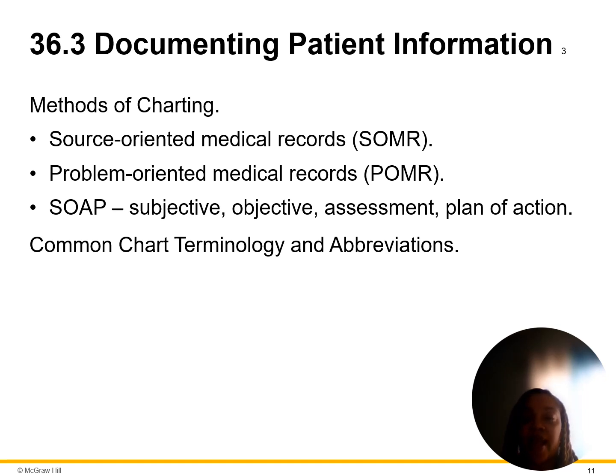Now, we also have computerized records. Remember, I was talking about the paper charts, but we have also computerized records, and most physicians' offices are now going to computerized records. In the use of computerized records, most of the time they use a combination of both the SOMR, which is source-oriented medical records, and the POMR, which is problem-oriented medical records.